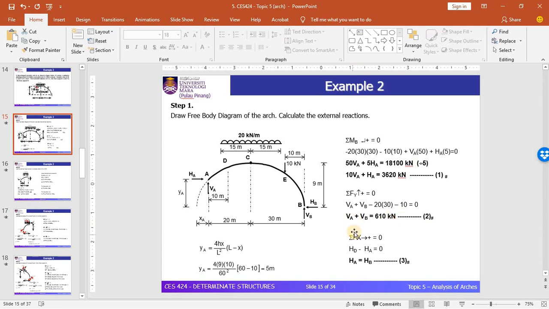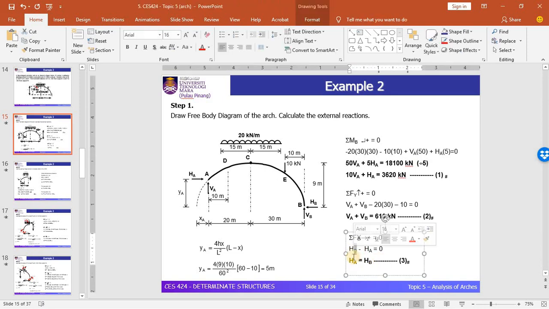The third equation can be obtained by considering the summation of force in the horizontal. Based on this free body diagram, we only have HA acting to the right and HB acting to the left. This can be simplified to HA equal to HB, and you can see that I have a typing error here.